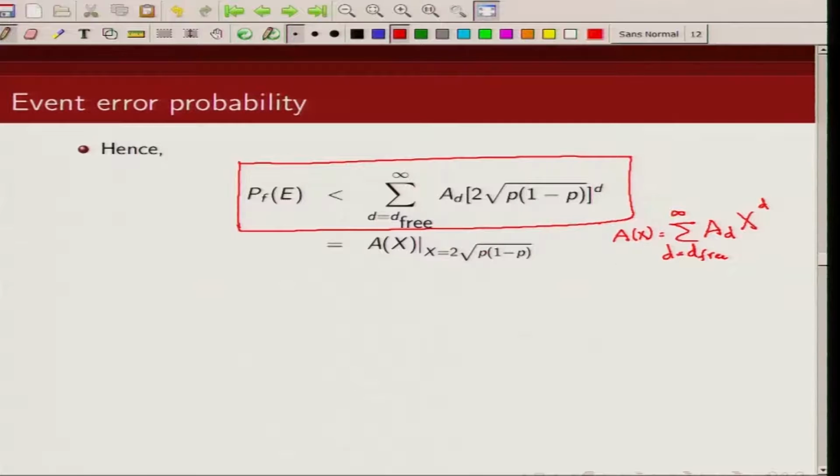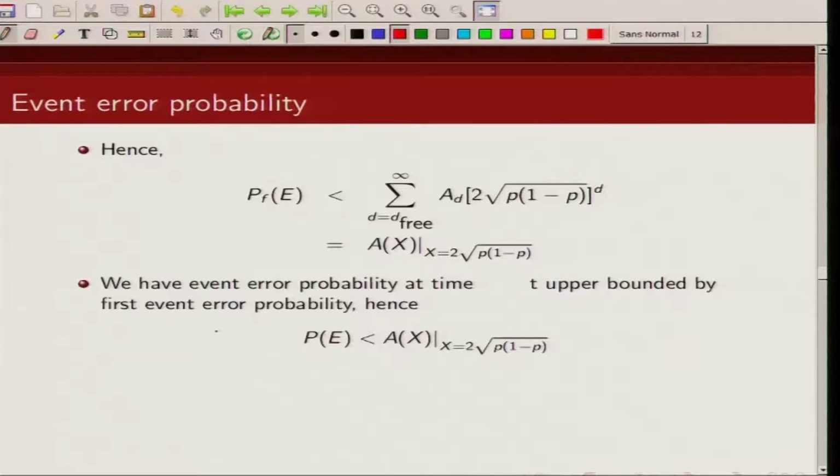So, we are essentially making use of this weight enumerating function, and we look at the form of our first event error probability. So, looking at these two, we can write then that first event error probability can be computed from the weight enumerating function by replacing the weight, that x, by this quantity. So, this we obtain by comparing this equation with this equation. Okay.